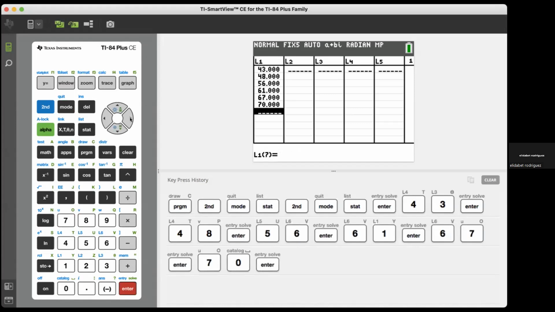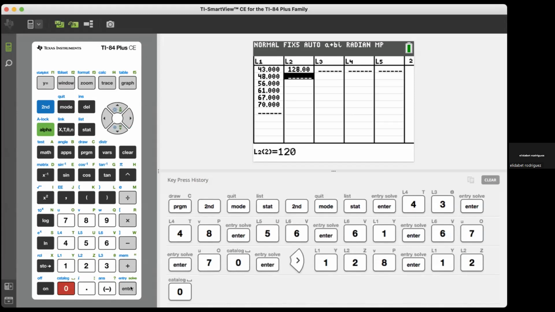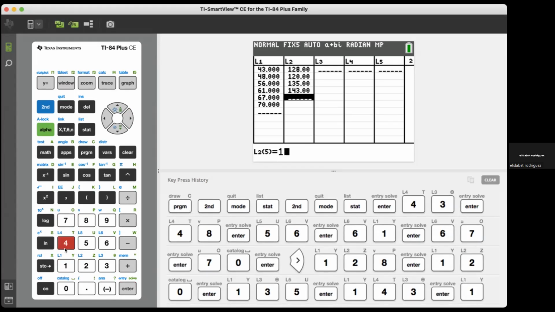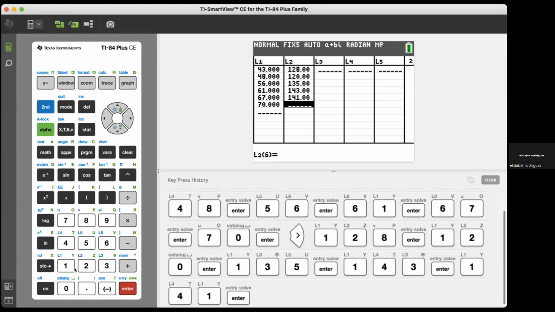Then I'm going to click the right arrow key and enter the corresponding Y values. 128, 120, 135, 143, 141, and 152. Okay.